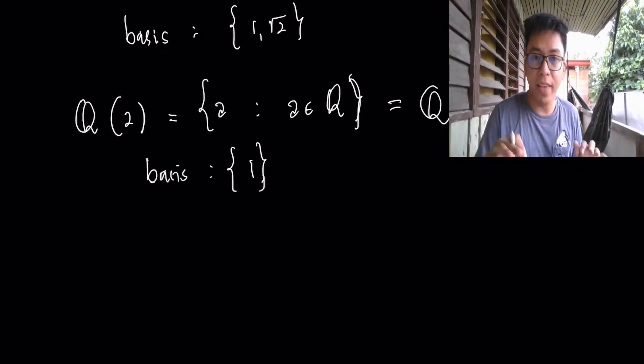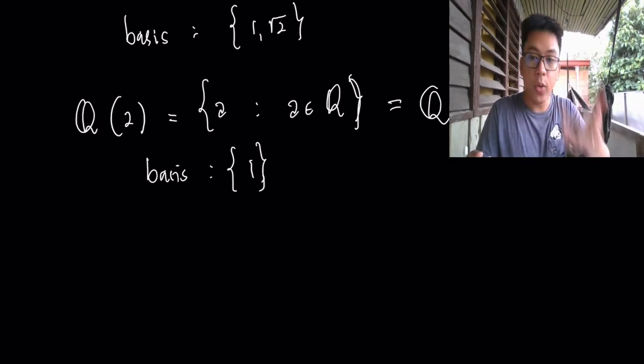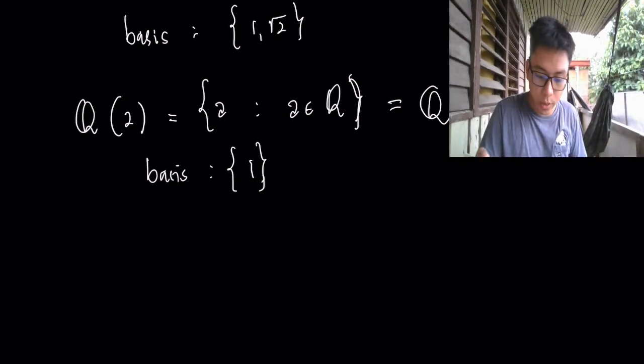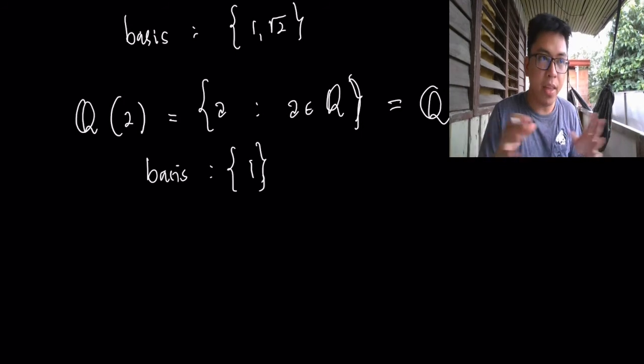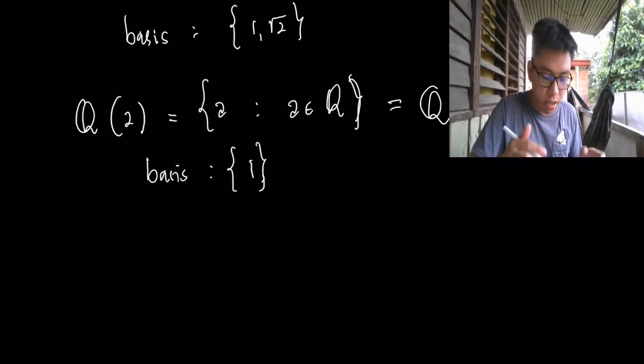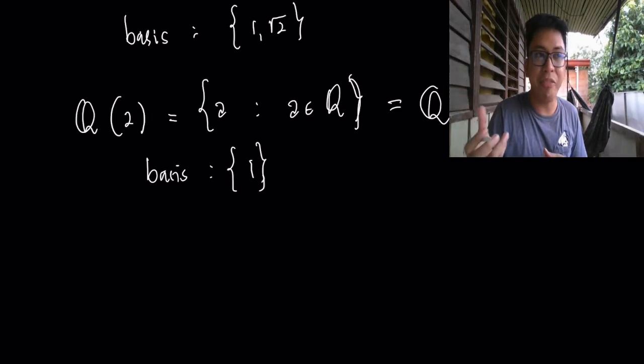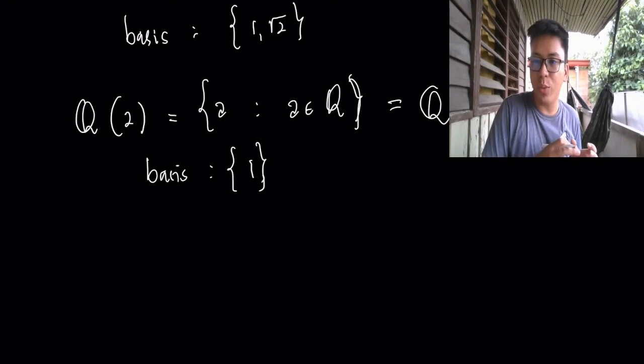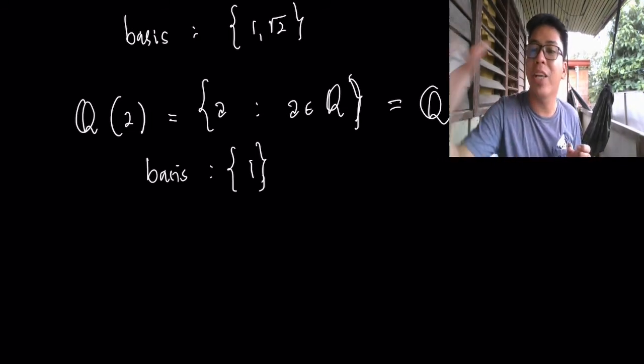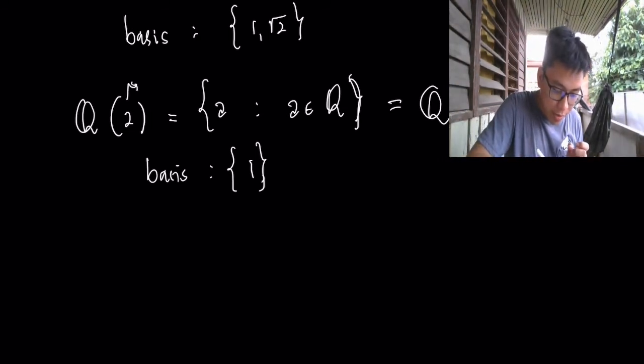I think you have already paused for a couple of seconds, but to answer, why is Q the same as Q of 2? Technically, remember that we're talking about the extension field. However, we cannot extend Q if the element that we are going to adjoin to Q is technically coming from Q itself. Remember, 2 here is a rational number.